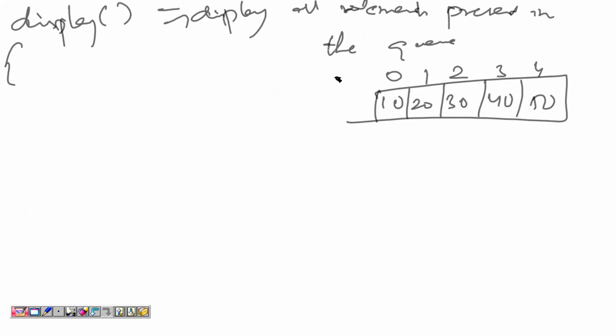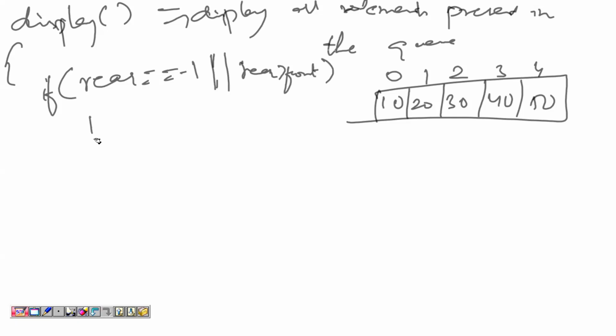Now I have to perform this. So before displaying, you have to check whether the queue is empty. How can I check the queue is empty? Rear equals minus 1, or rear is greater than front. Okay. I can give a message to the user saying that printer queue is empty.